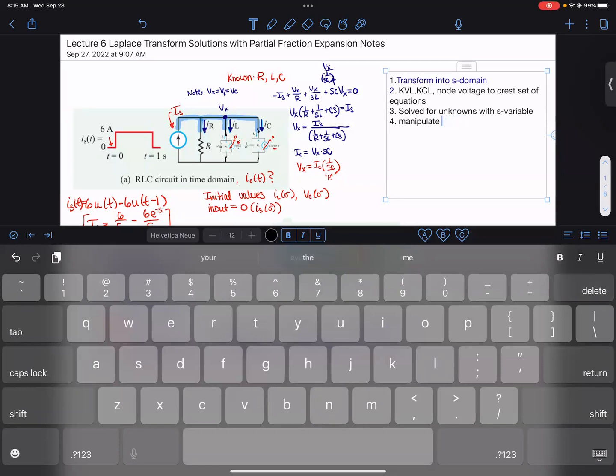So you manipulate the solution to match the forms on the Laplace tables. From there, last step would be inverse Laplace.